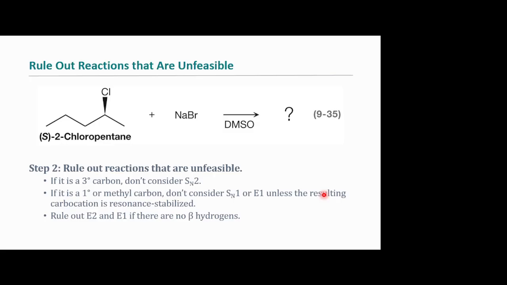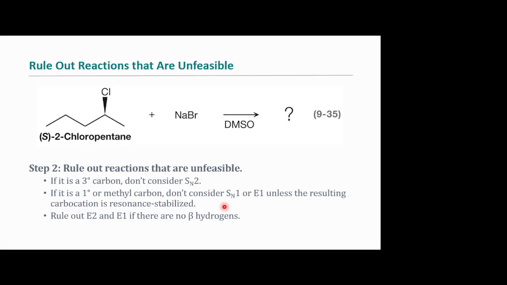Now, step 2 is going to be rule out reactions that are going to be unfeasible. The biggest one that's going to pop out, at least when you practice a bit, is the tertiary carbons. It's a tertiary carbon, you don't consider the SN2. You can't have it. If it's a primary or methyl carbon, you don't have to consider the SN1 or E1 unless the resulting carbocation is resonance stabilized.